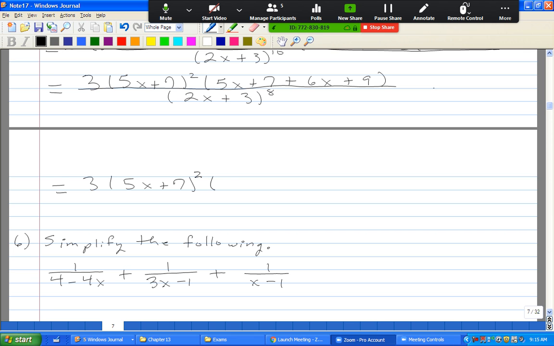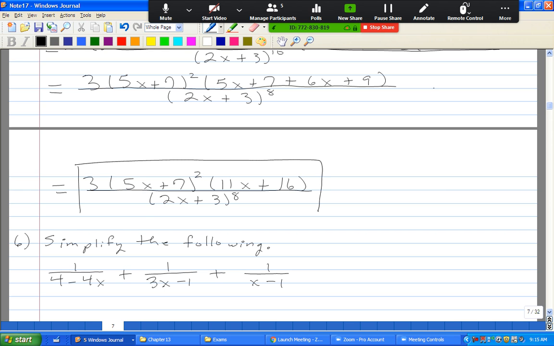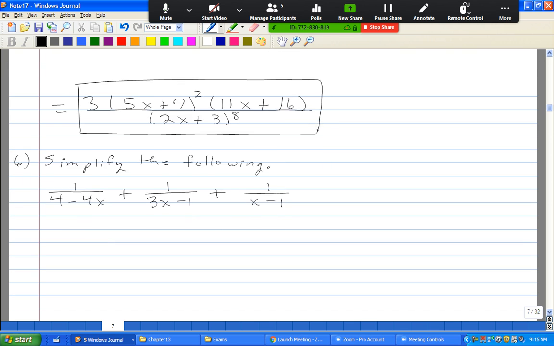Combine like terms, I get 5x plus 6x is 11x. 7 plus 9 is 16, all over 2x plus 3 to the power 8. And that is my answer. Let me do problem number 6.